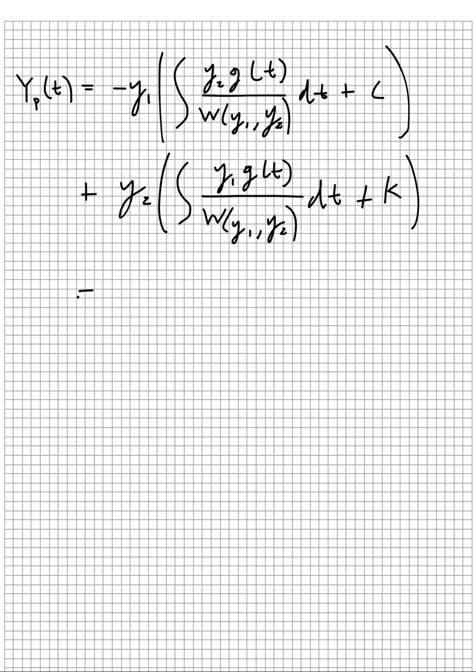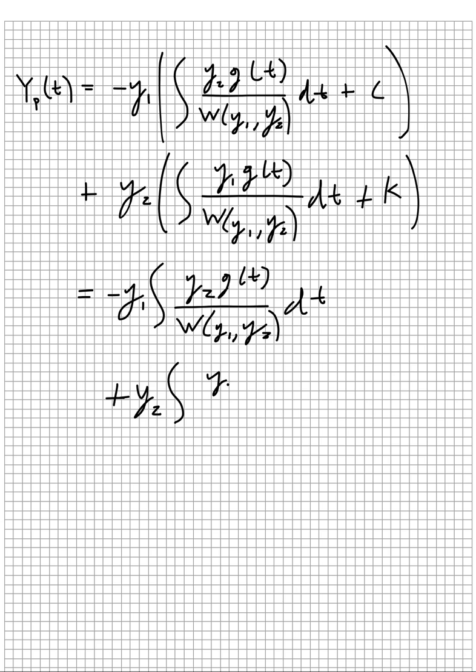And this is all going to equal the following. We get negative y1 times the integral y2 g of t, all divided by the Wronskian of y1, y2 dt, plus y2 times the integral of y1 g of t divided by the Wronskian of y1, y2 dt.